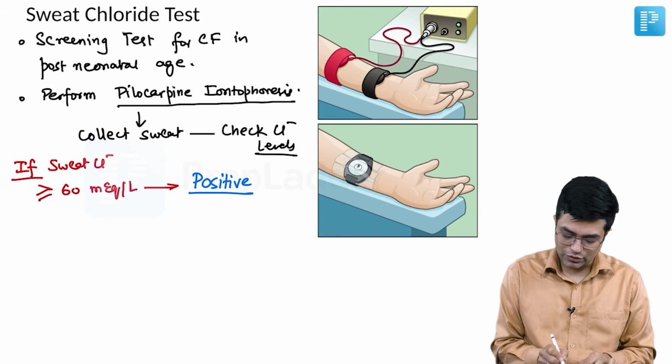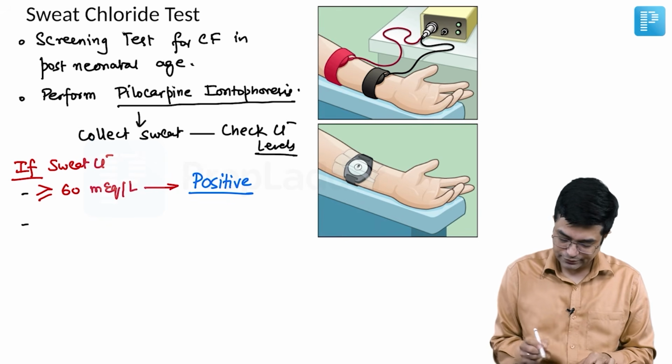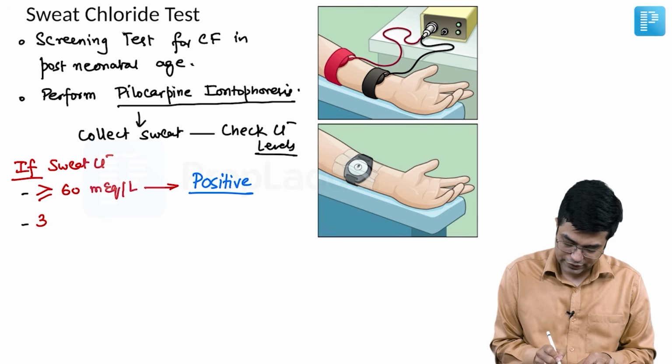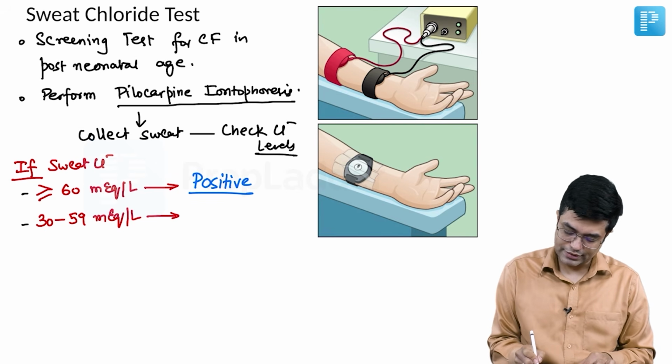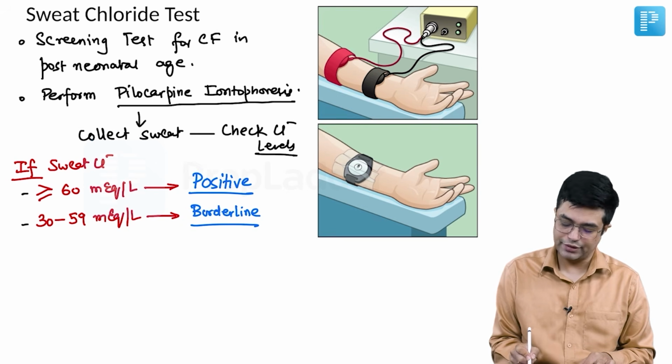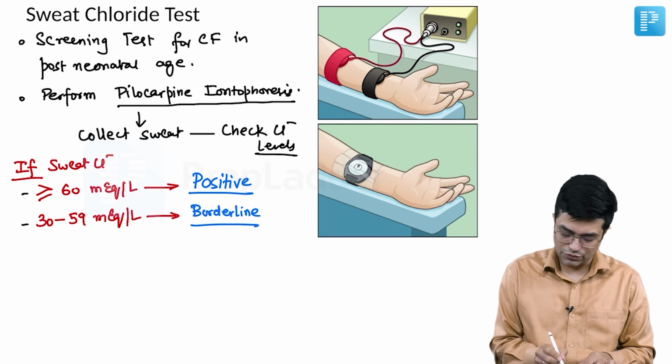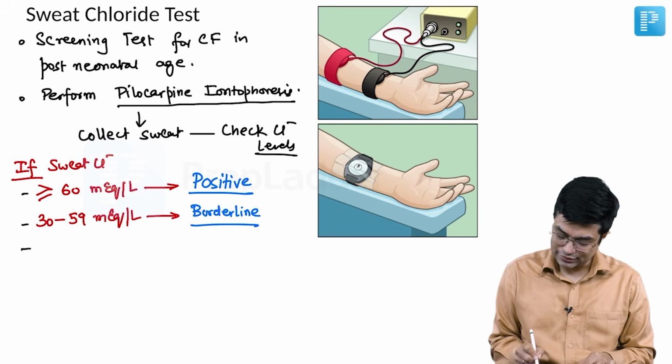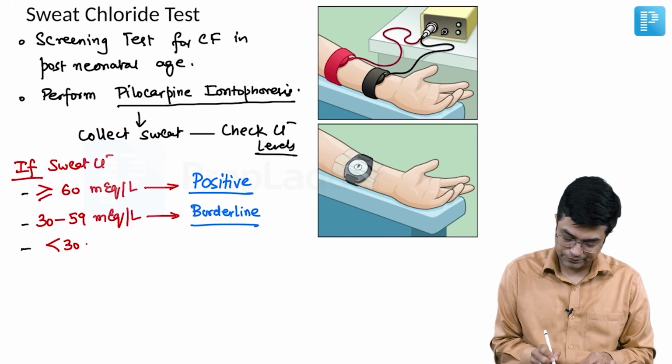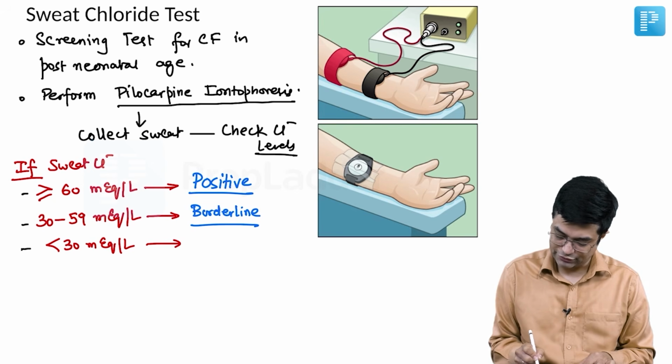If the sweat chloride level is between 30 to 59 millicoulomb per liter, that is called a borderline test. It may be positive, it may be negative. And if the value is found to be less than 30 millicoulomb per liter, it is called a negative sweat chloride test.